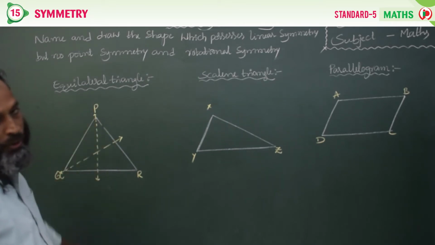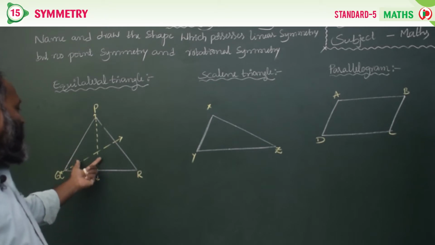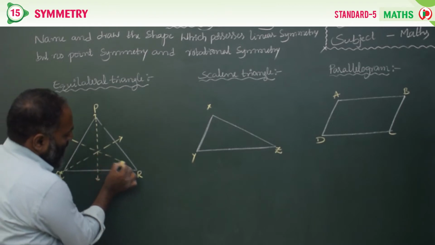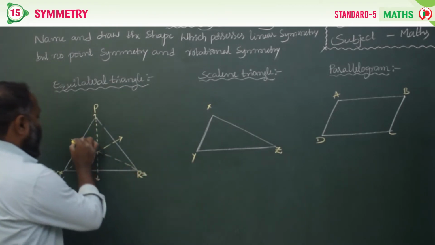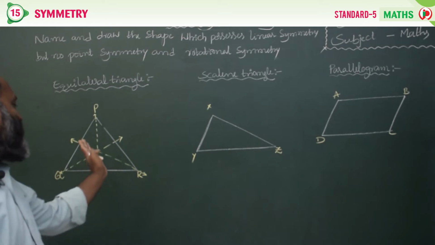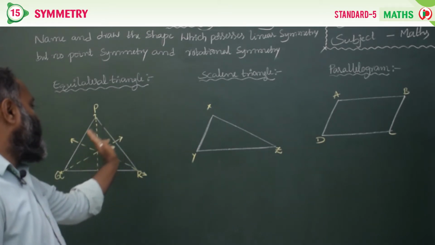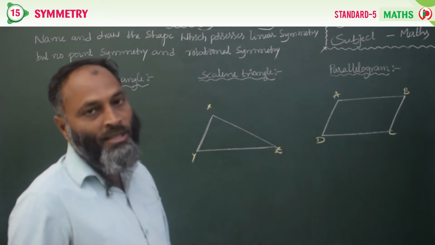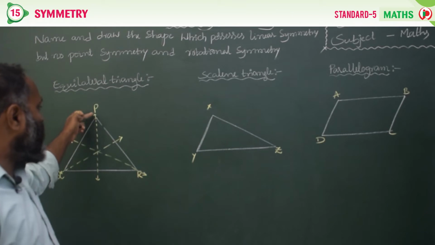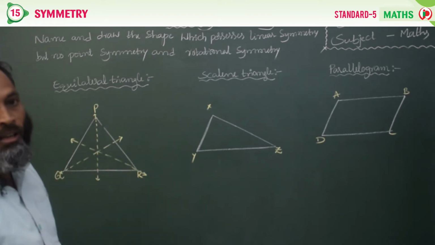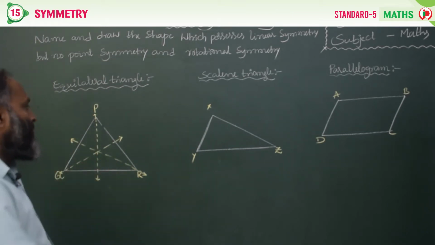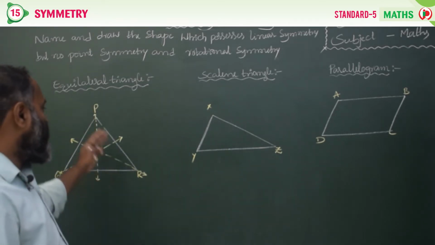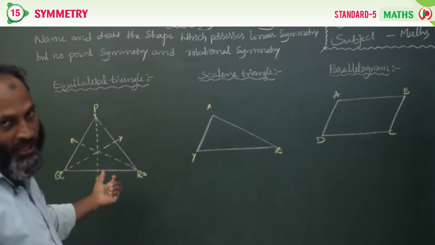And another line of symmetry from point R also divides it into two identical shapes. So in an equilateral triangle we have three lines of symmetry from all three vertices, P, Q and R.